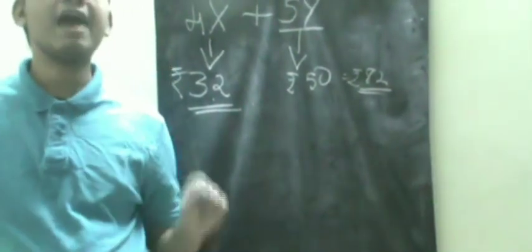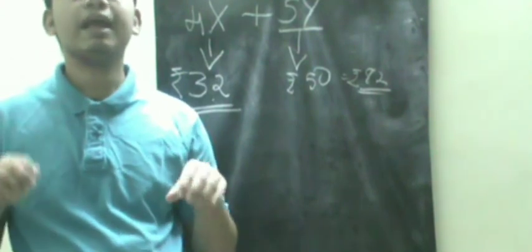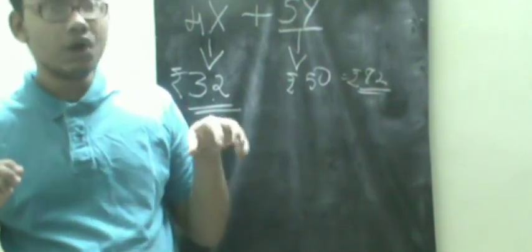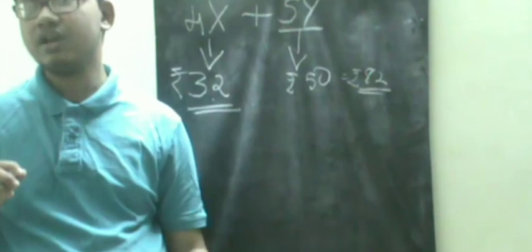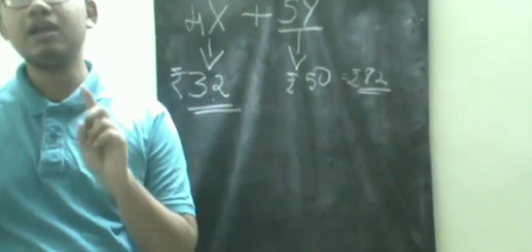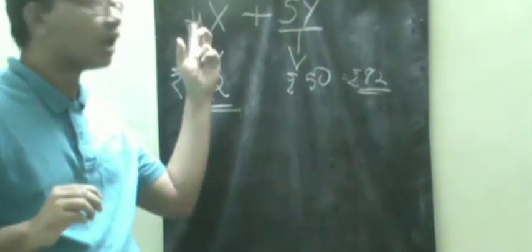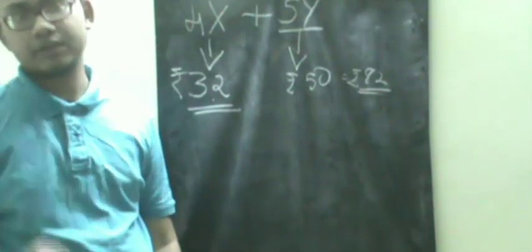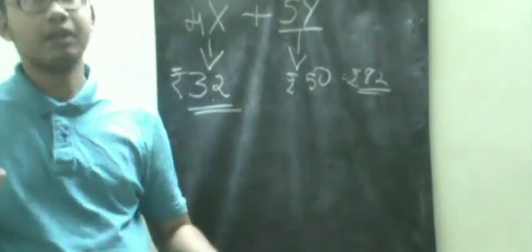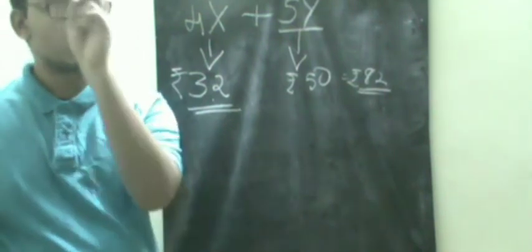So you might be having a doubt. Mr. A has the possibility of increasing his satisfaction if he is able to spend the remaining rupees 18. He could have bought at least 1 more unit of good X. But I am telling you that he should not buy.